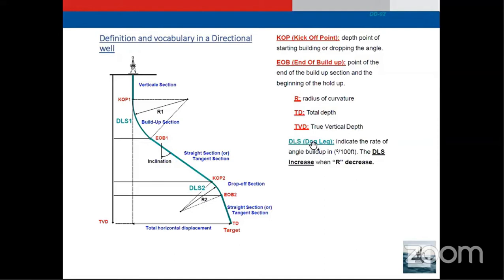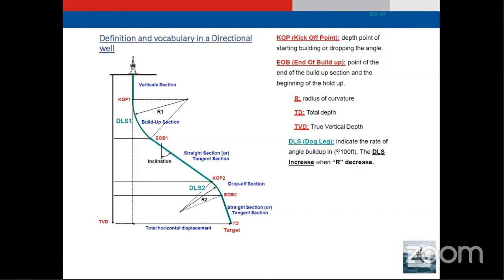All of this we discussed, but there is another new definition we need to know. It is called dog leg. What is the meaning of dog leg? From the name, it is like a dog's leg. It indicates the rate of build up per 100 feet. The dog leg is used for determining the maximum mechanical strength of the pipe.